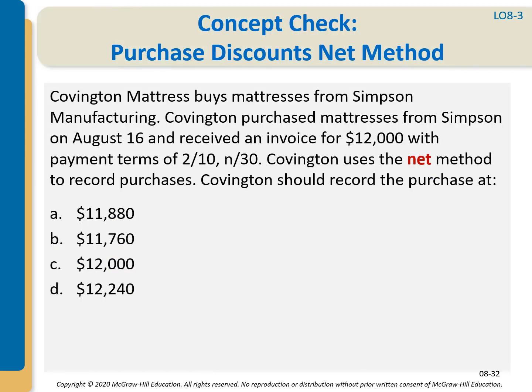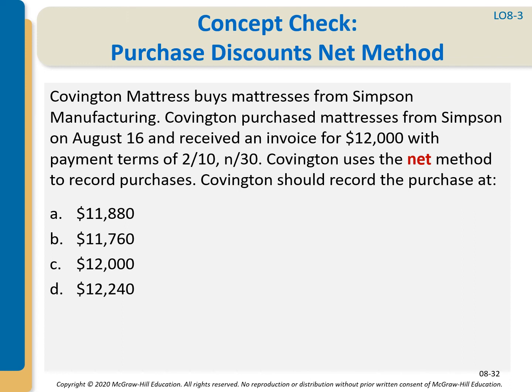Example: Covington Mattress buys mattresses from Simpson's Manufacturing. Covington purchased mattresses from Simpsons on August 16 and received an invoice for $12,000 with payment terms of 2/10, net 30. Covington uses the net method to record purchases. Covington should record the purchase at, we're talking net method.